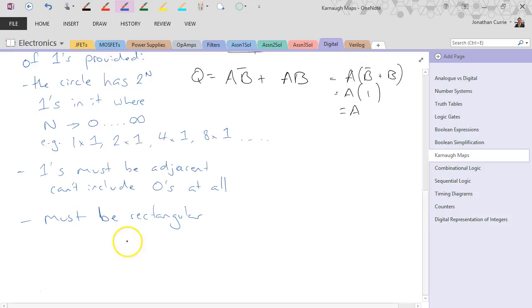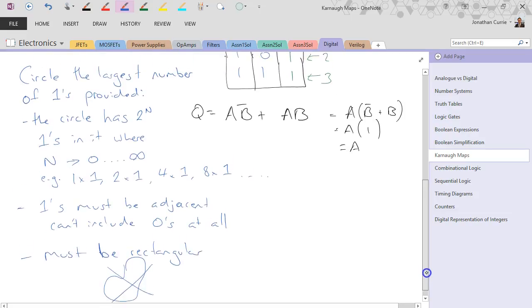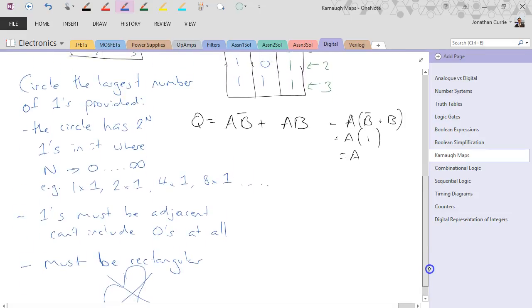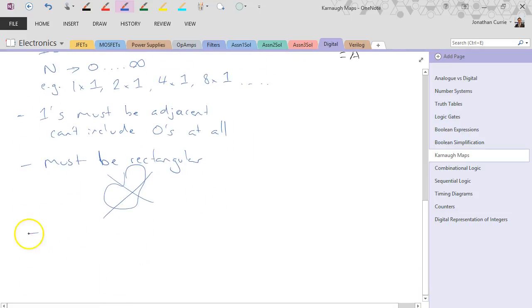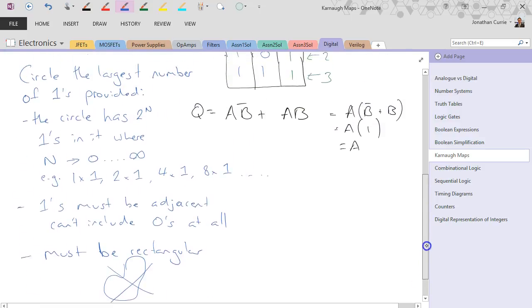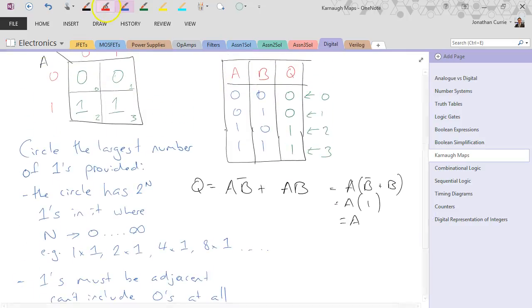You can't sort of have blobs that sort of take only some of them. That's not alright. But there are a few things that you can do. You can overlap around the sides, which I'll show you shortly. But basically, we're going for the largest number of ones, trying to circle them.